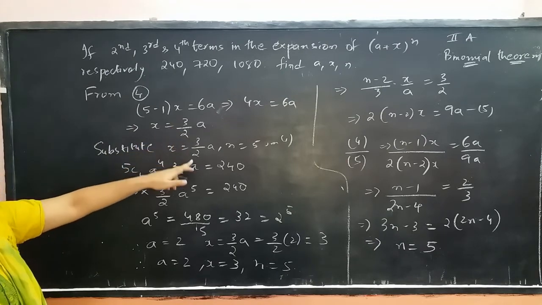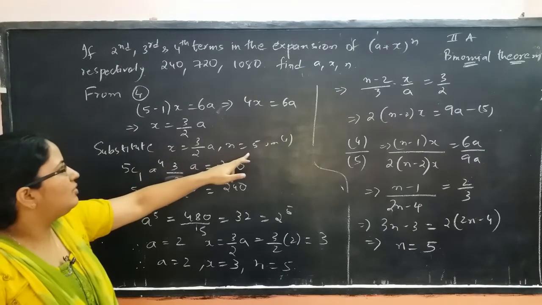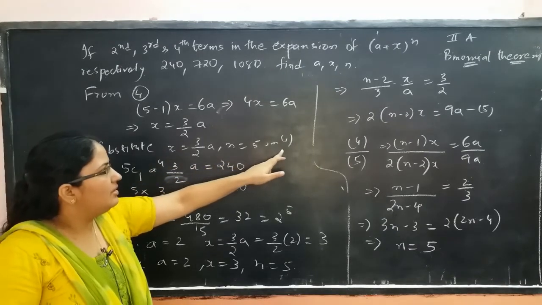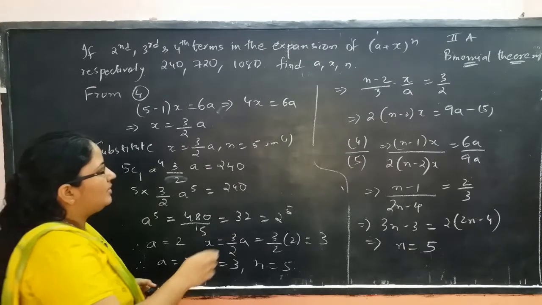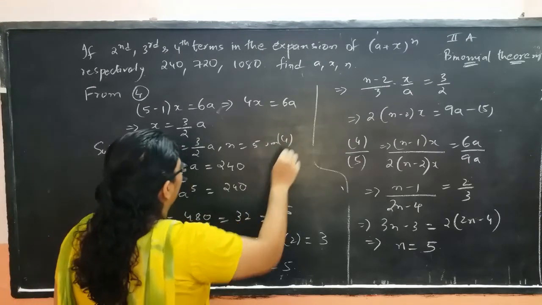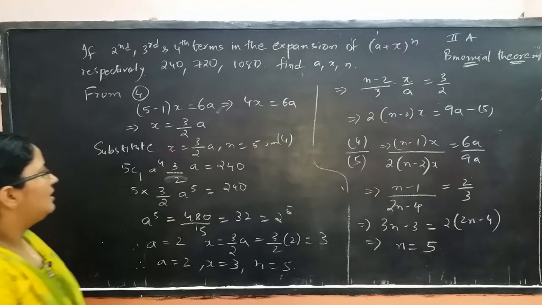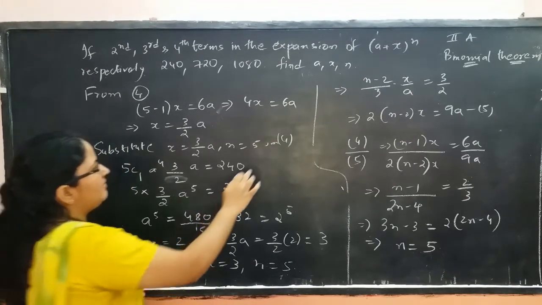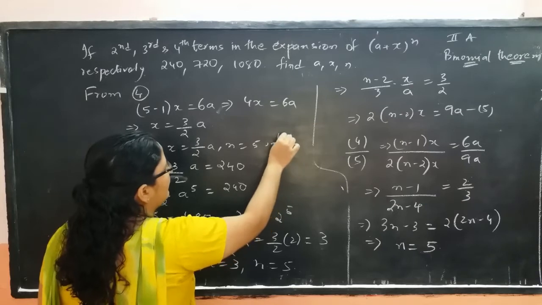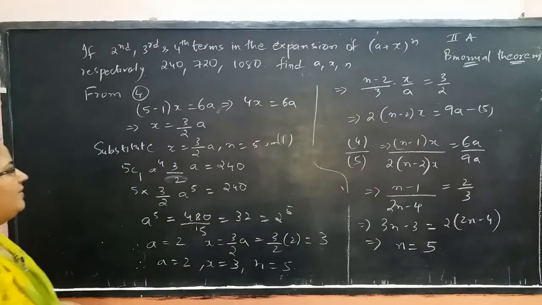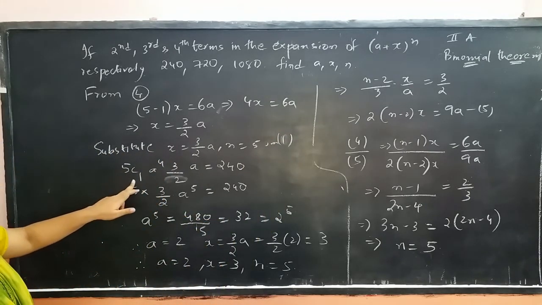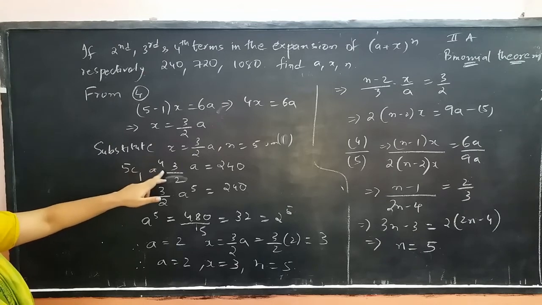Substitute x is equal to 3 by 2 a and n is equal to 5 in equation 1. In equation 1 you have nc1 a power 4 x power 1.